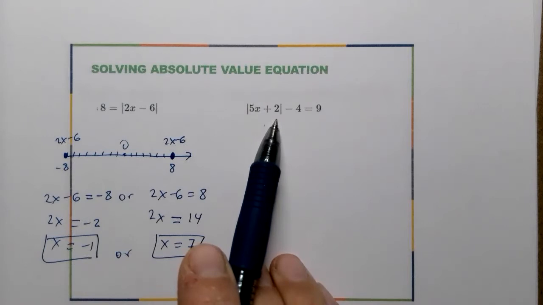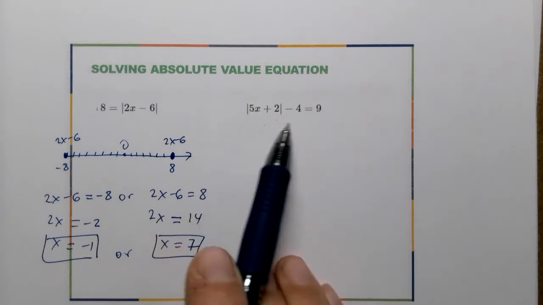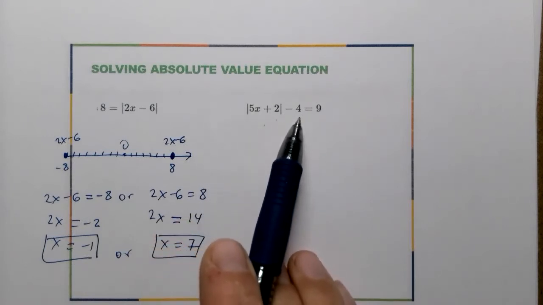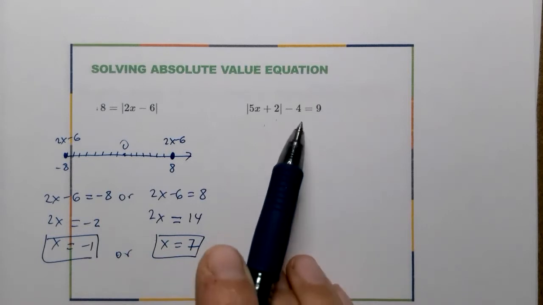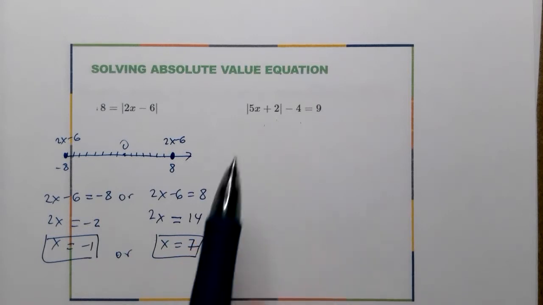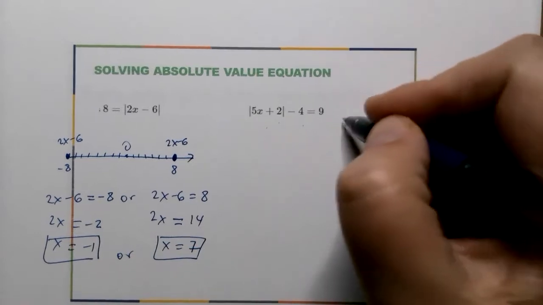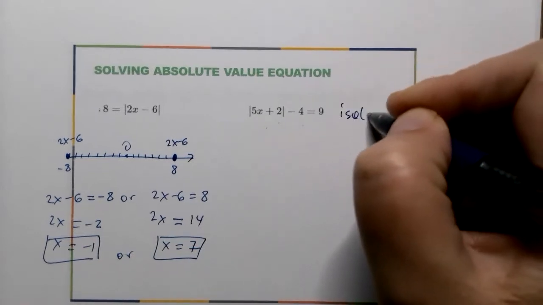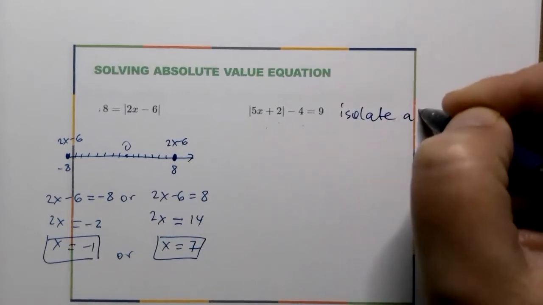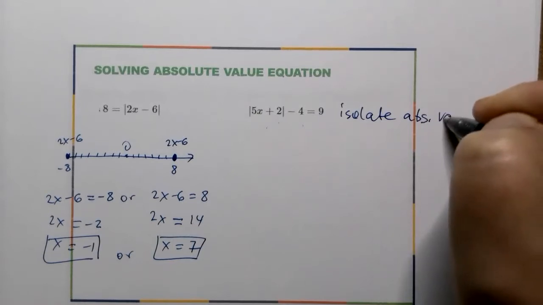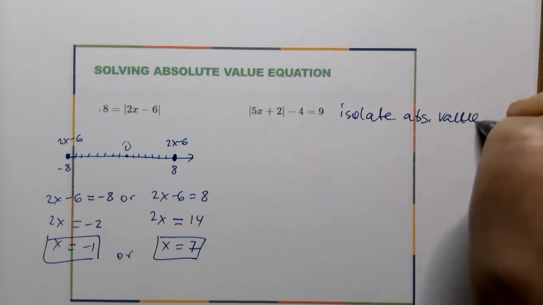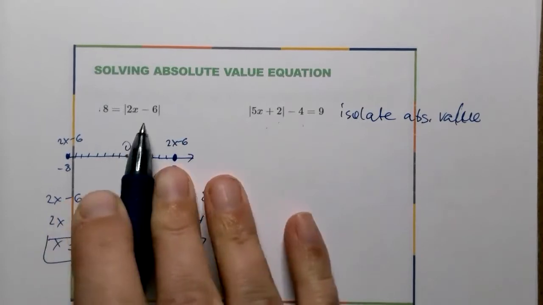It's not by itself. There is an absolute value and a regular number here. And that is a problem. The first step is to isolate the absolute value before we can open it up like this.